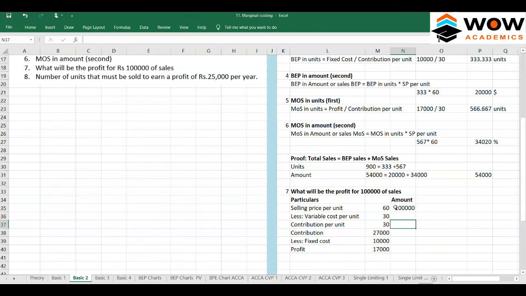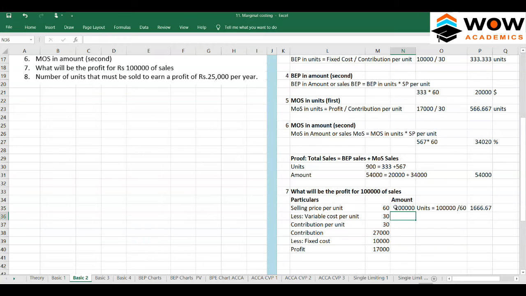We'll do the longer way, then we'll do the shorter way. So how many units is this? This would be 1 lakh, the sales amount, divided by 60 per unit. So that will roughly be 1667 units.